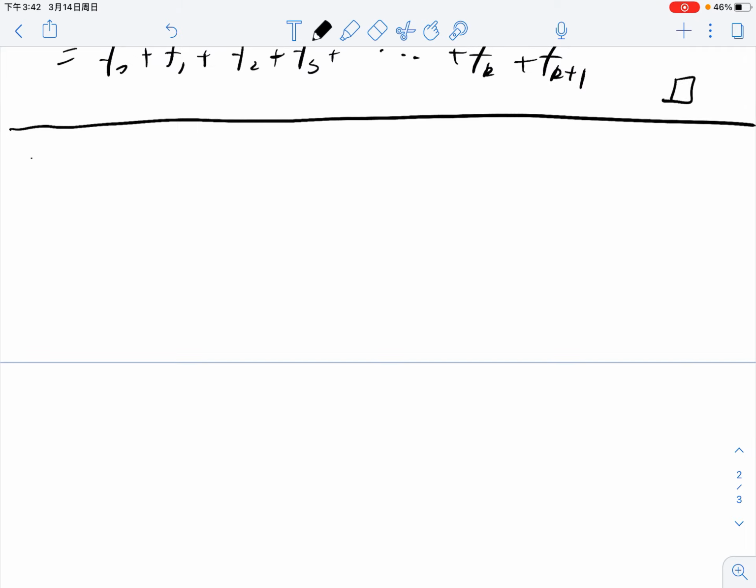Okay. Now, the next property is that Fn is even if and only if n is divisible by 3.